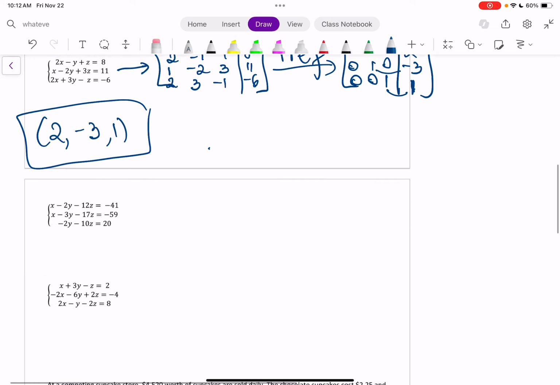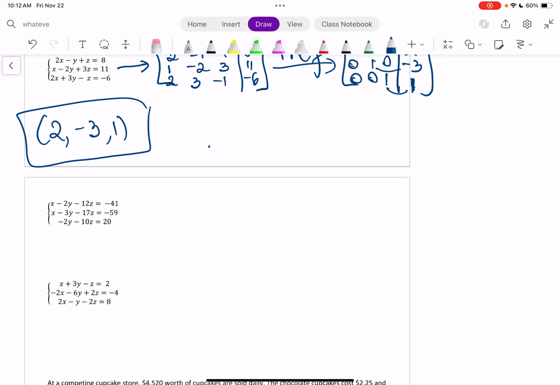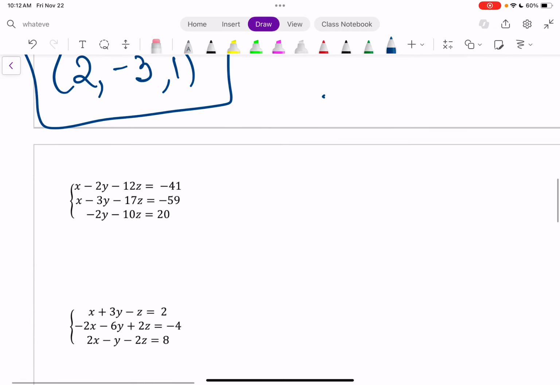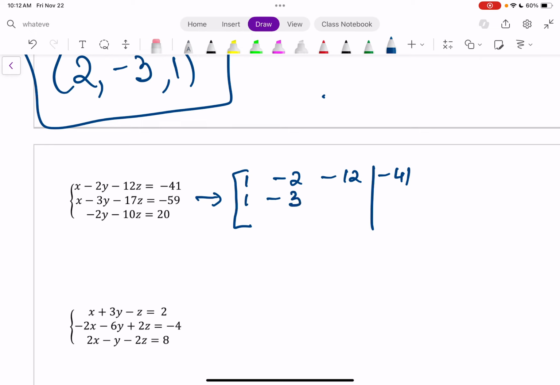Okay. So remember these two systems. So let's go back. First of all, let's write the augmented matrix. 1, -2, -12, -41. 1, -3, -17, -59. 0.